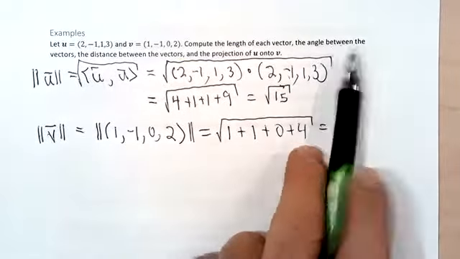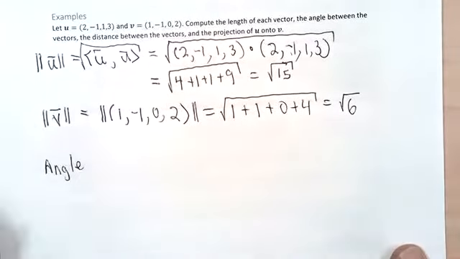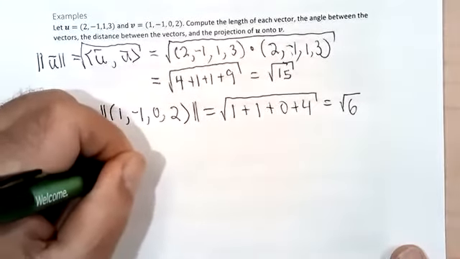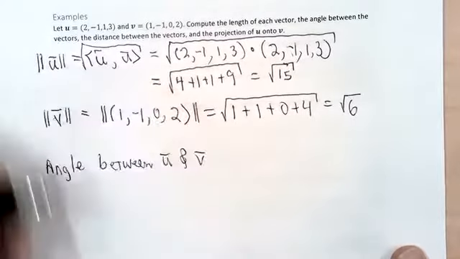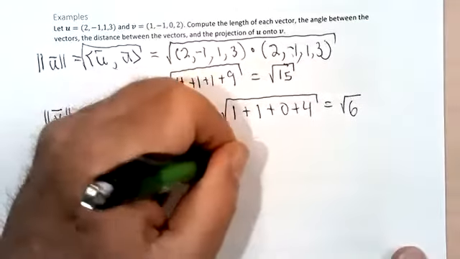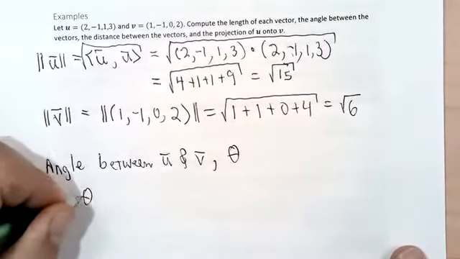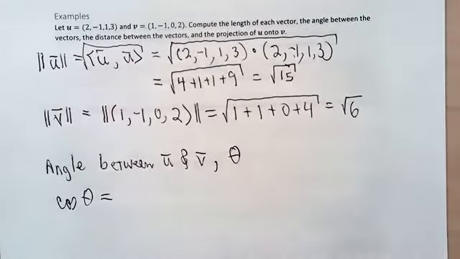Let's find the angle between u and v now. And let's call that angle theta. Well, the cosine of theta is equal to, and we have a formula for that.